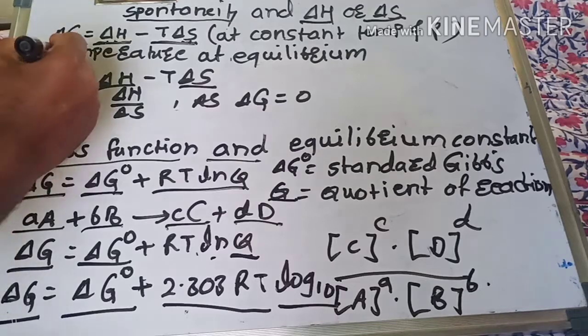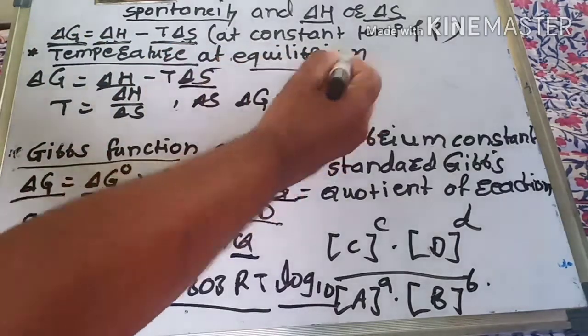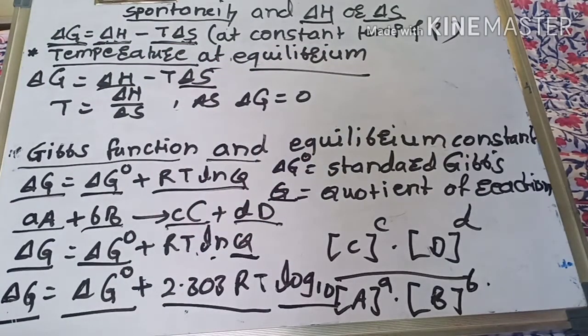Second point is temperature at equilibrium. At equilibrium, as you know, delta G is 0.